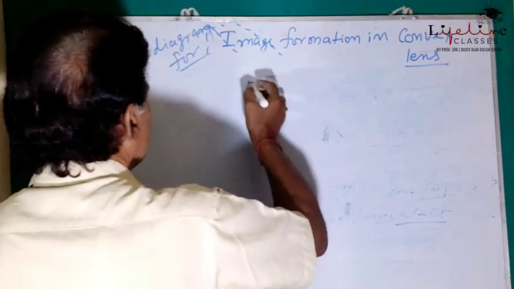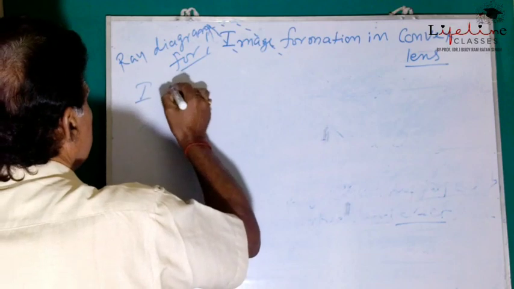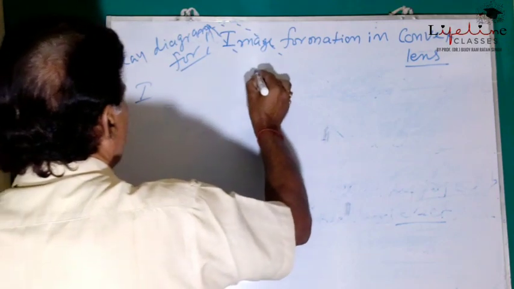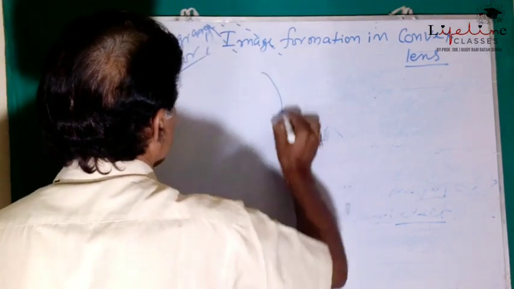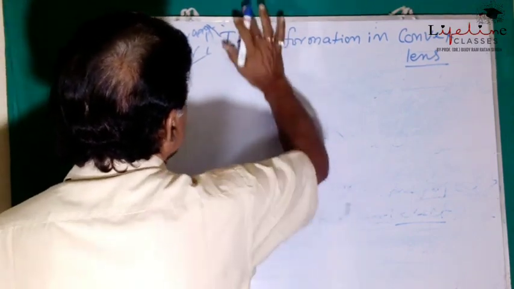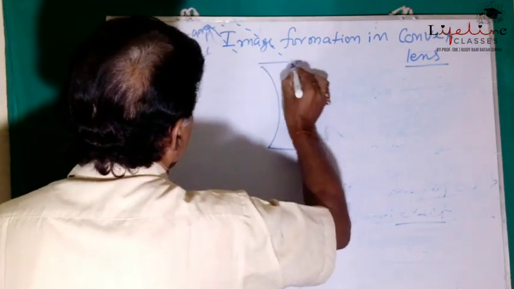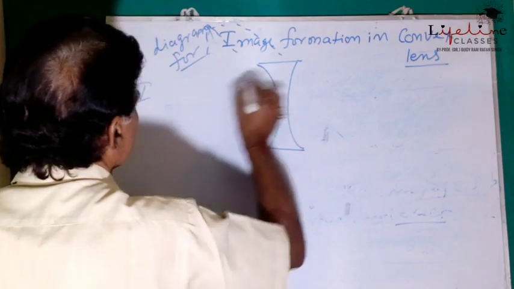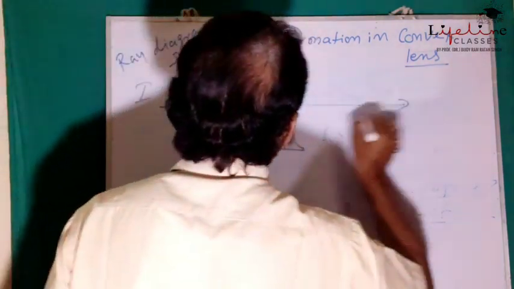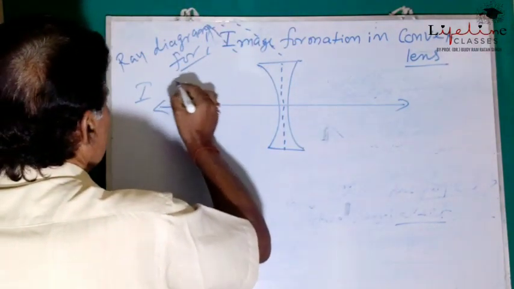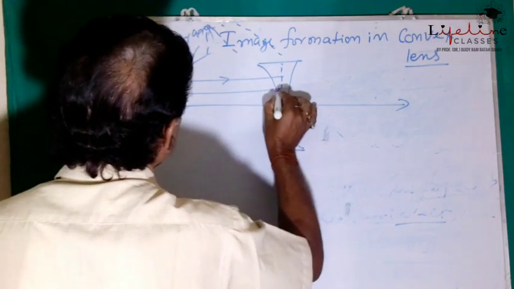So in concave lens there are only two situations, means when object is placed at infinity, suppose, see here, if object is placed at infinity, what will happen?